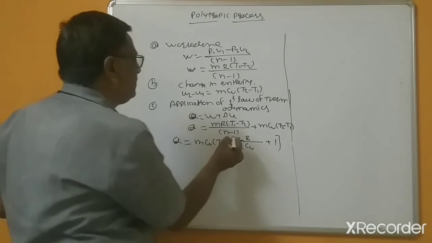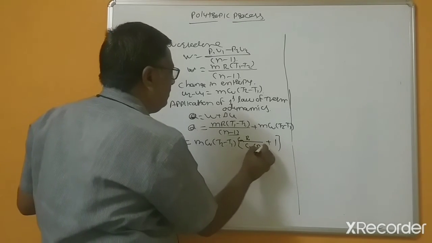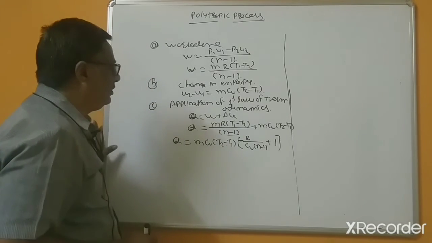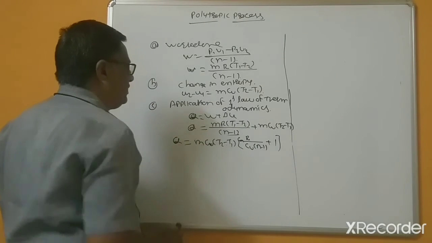And these remaining terms, n minus 1. This is clear?